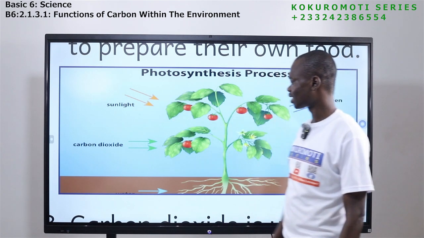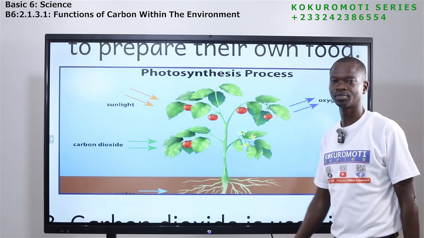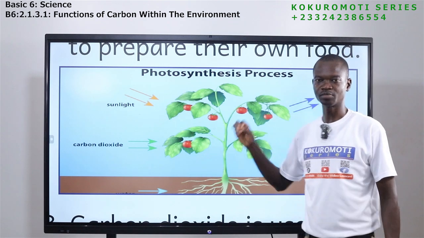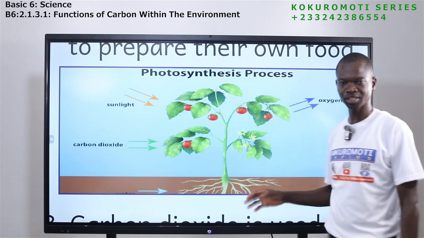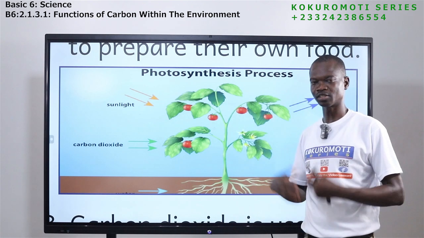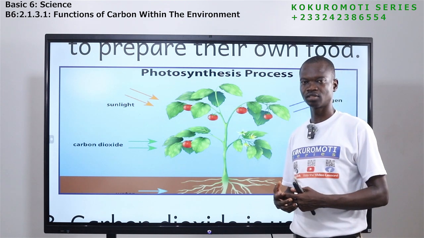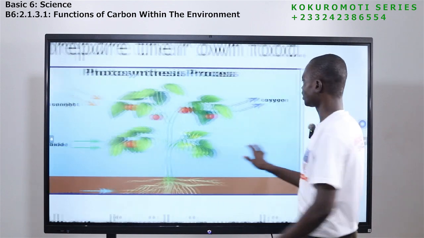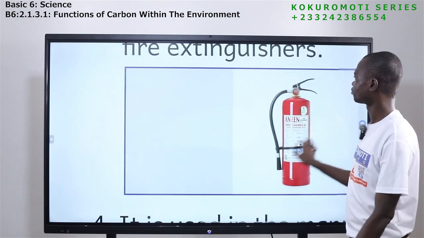It also uses sunlight and water from the soil. So these three things are used by a plant to prepare its own food. The process is what we call photosynthesis. Without carbon dioxide, there is no way photosynthesis will take place.